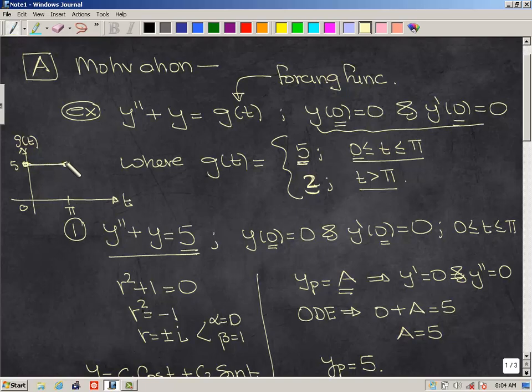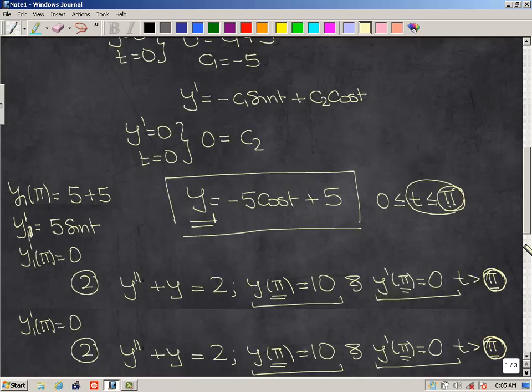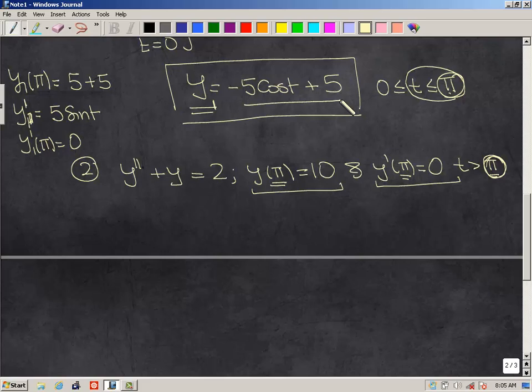So it's always 5 between 0 and pi. And after pi, it's always 2. So let's say this is 2. And after that, it's always 2. So that's what this function looks like. You can clearly see there's a discontinuity at pi. But even though there's a discontinuity, because of the way we are doing this, where this solution ends, the solution begins, there's going to be no discontinuity in our final solution.